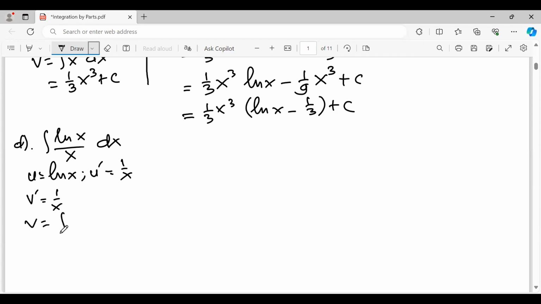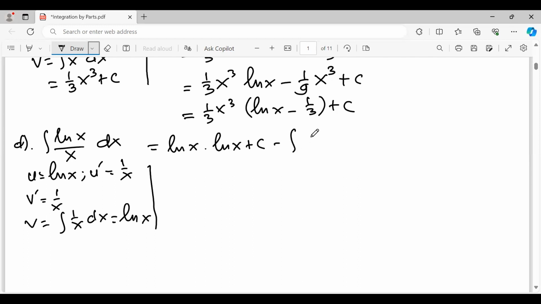So phi is the integral of 1 over x dx, which equals ln x. Based on the formula, u times phi is ln x times ln x plus c, minus integral phi, ln x, times 1 over x dx.